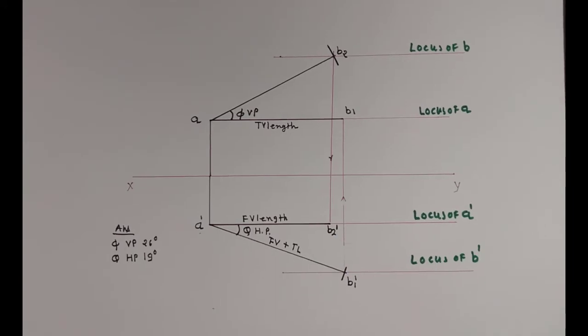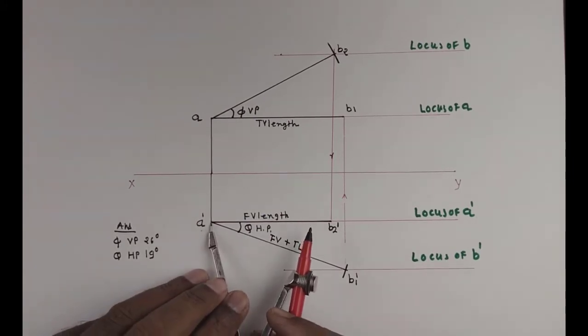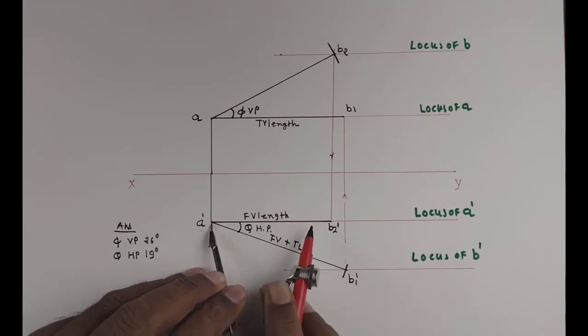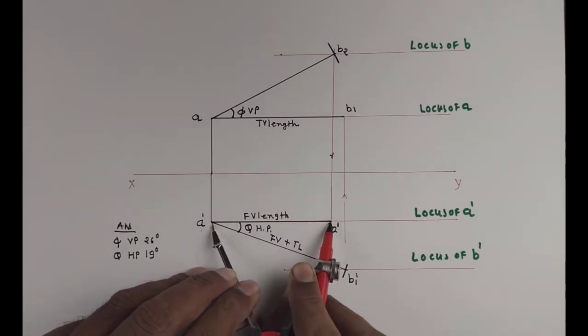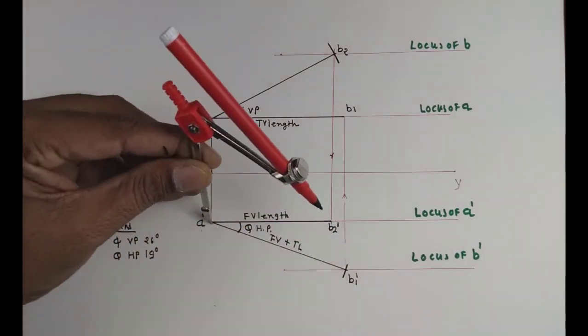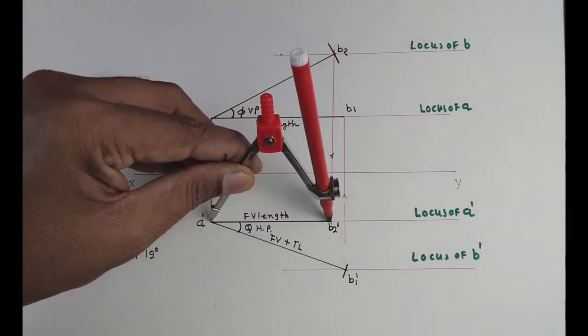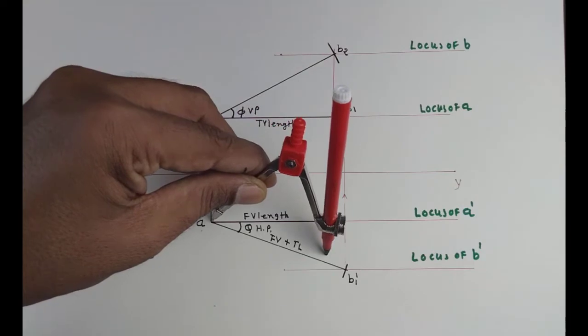Now the next step is for actual elevation and actual top view. So for actual elevation, I take the radius A dash to B2 dash, front view length, and you rotate your front view length toward the locus of B dash.